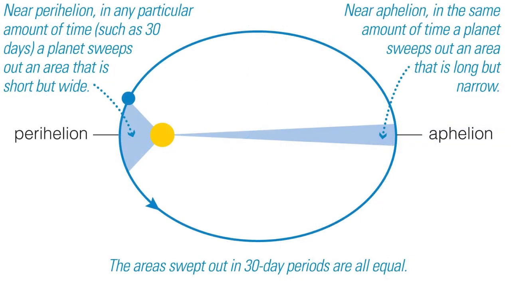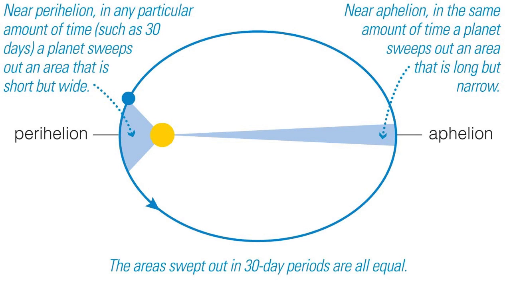So here's what it means. Equal areas, equal times. This pie-shaped wedge over by perihelion is a lot of degrees of angle, but the distance out to the orbit is not very far. So it's a different size piece of pie.